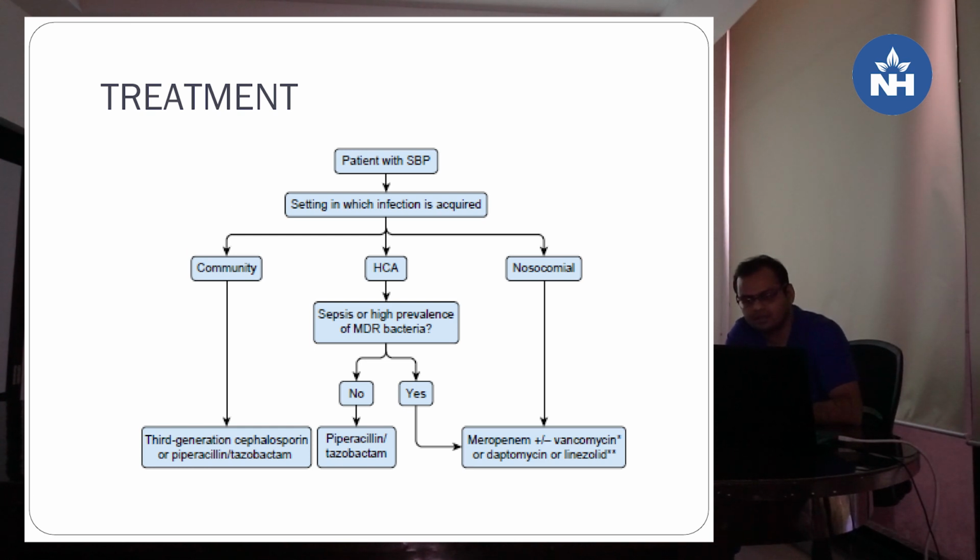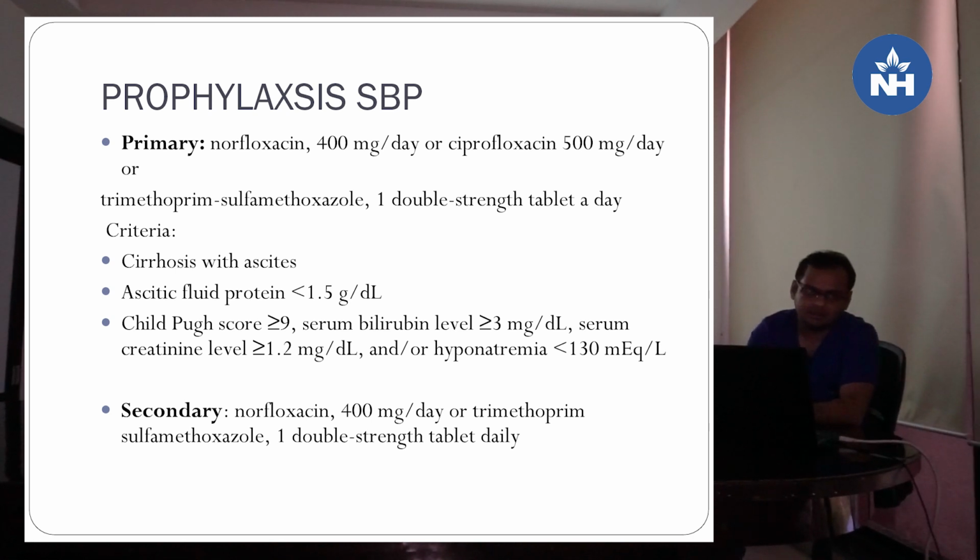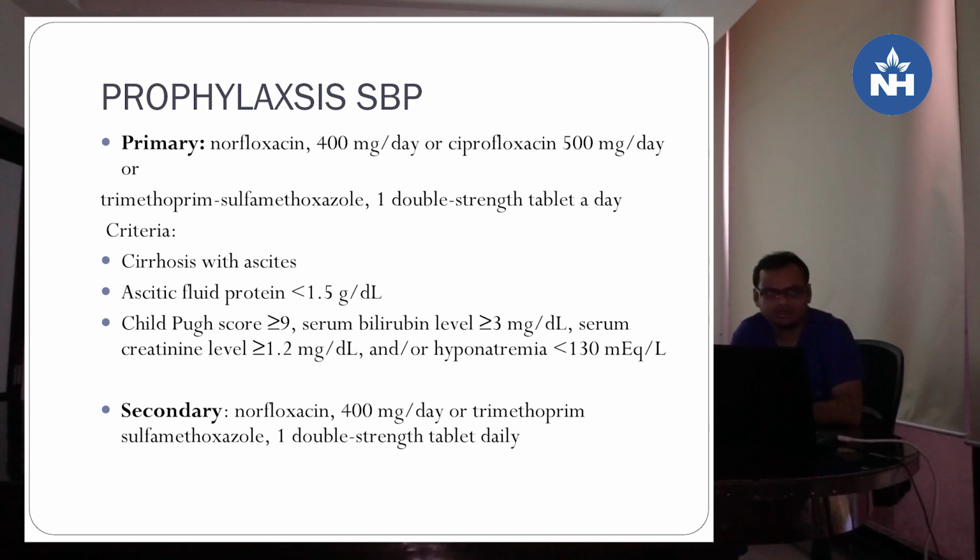In case of nosocomial infection, or where the prevalence of multi-drug resistant bacteria is likely, meropenem with or without vancomycin, daptomycin, or linezolid can be used. But the thing is that after starting treatment of SBP, we have to check whether the antibiotic is working or not.